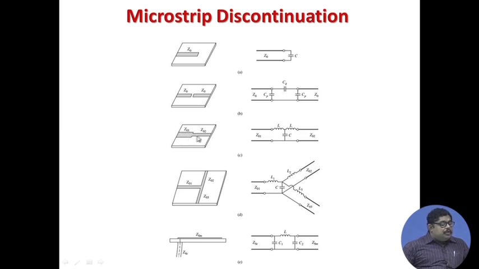Then if you are constricting the transmission line metallization, that gives rise to a T network with two series L arms and one C. Similarly, a T junction here gives you branch couplers. Similarly, a coax to microstrip line will give you an LC. So, these microstrip discontinuities can equivalently be modeled.